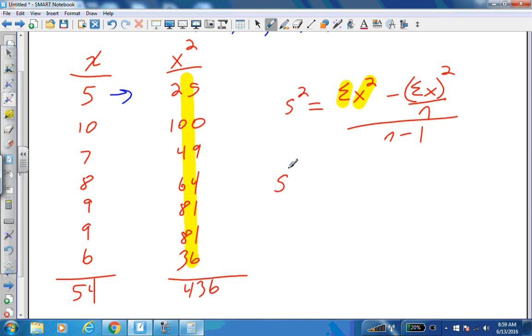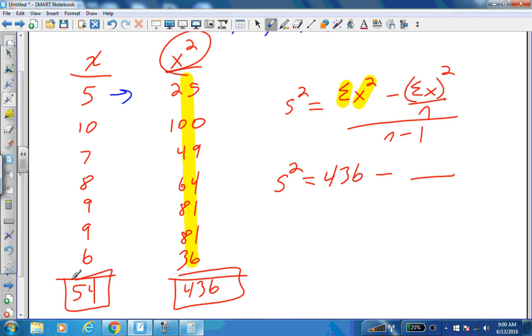So if we fill in our formula, our variance is the sum of the x squareds minus the sum of the x's. So the sum of the x's, that's 54. Then square that number, then divide by n.